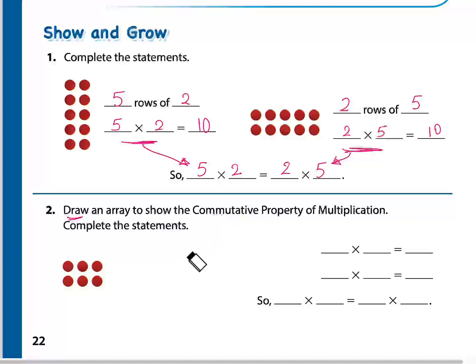So 3 rows. So 3, 1, 2, 3, and 2 rows, and 2 columns. 3 rows and 2 columns. Okay, tell me what should I write here. The first one. Yes, 2 times.